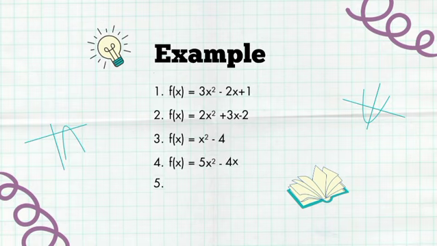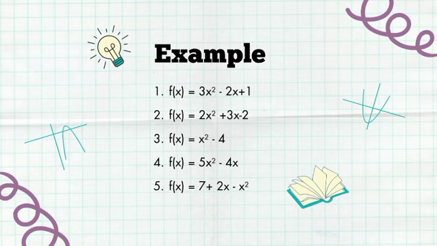Okay, example 1. f(x) equals 3x squared minus 2x plus 1. Here a equals 3, b equals negative 2, and c equals 1. Okay, next. p(x) equals 2x squared plus 3x minus 2.